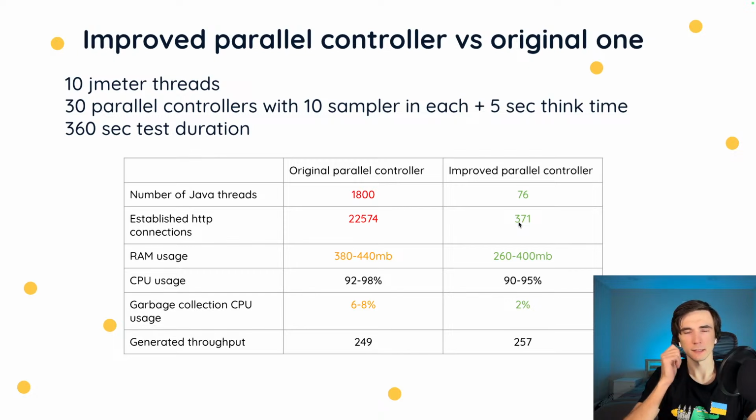The main goal of these changes is to make the parallel controller as close to browser behavior as possible. So we have a JMeter thread, and the JMeter thread is using some parallel controllers inside it in the scenario.